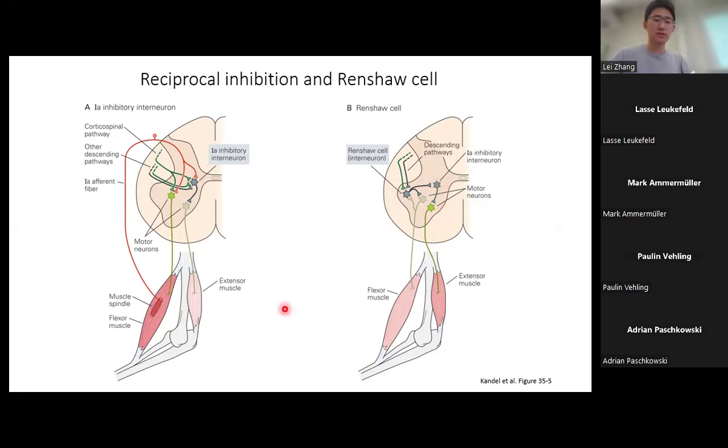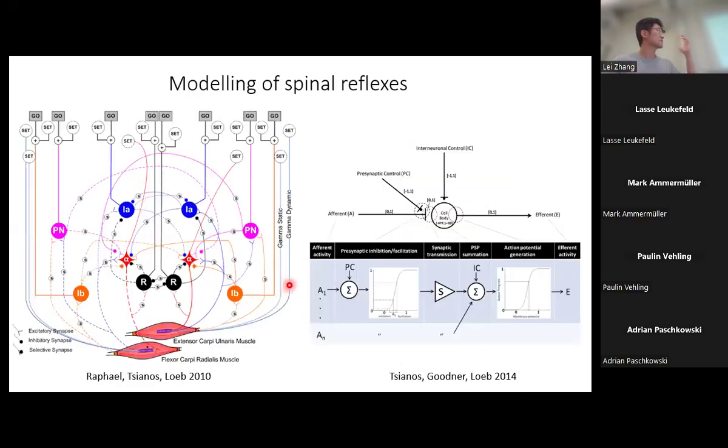So there are actually many loops in the spinal cord, and still the function of these loops, how they are integrated, many researchers are working on this, and it's still not quite clear how everything is integrated together. Here is a research paper doing a simulation.